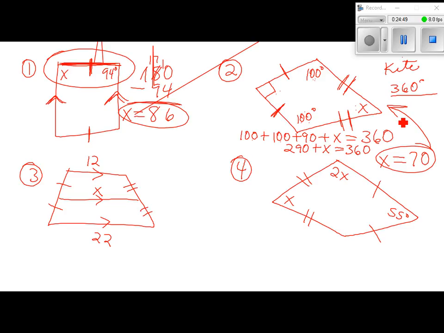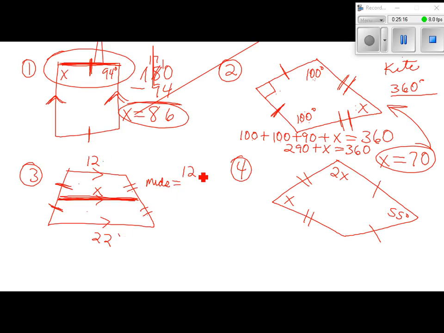Number 3. On number 3, you know that this is a trapezoid. And this segment right here is the mid segment. Because we know that these two are congruent, we know that these two are congruent. So if that's a mid segment, we use the mid segment formula, where the mid segment should equal the two bases added together divided by 2.